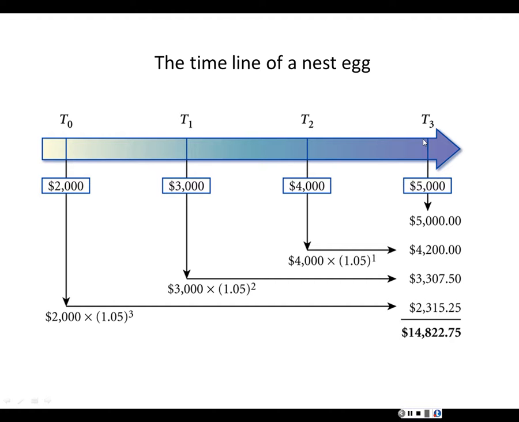So the formula would be that I'm taking the present value, which is 2,000, and I'm taking 1 plus R, in this case a 5% growth rate, so it's 1.05, and I'm growing it for the number of years it's going to sit in there, which is 3 years.